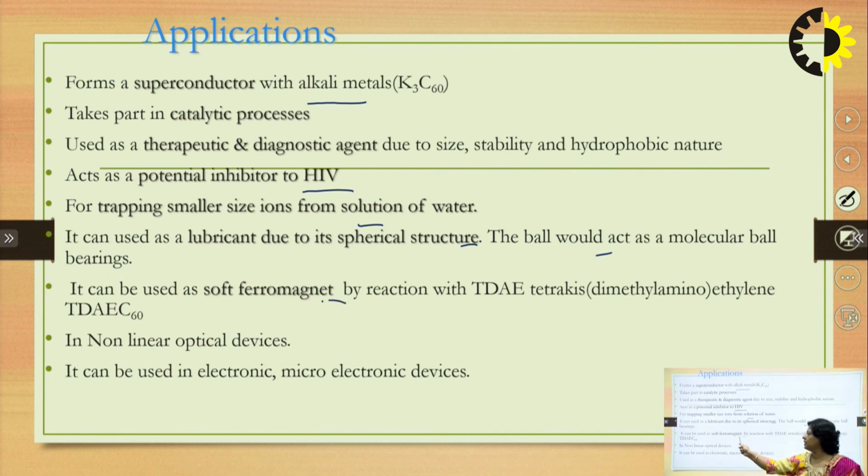It is used as a soft ferromagnet with the help of TDAE, that is tetrakis dimethylaminoethylene, though itself it is not magnetic. Now, it is also a non-linear optical device. How can this be used as a non-linear optical device?